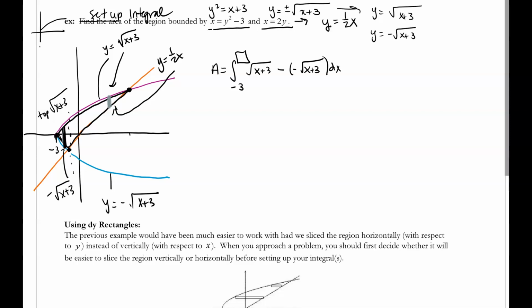So I still have to find that limit. And then we're going to add to it, starting from that same limit that I don't know, and integrate all the way over until we get to the second intersection. I don't know that value either, but we'll figure it out. And over here, the top is still the positive square root of x plus 3, but the bottom is 1/2 x.